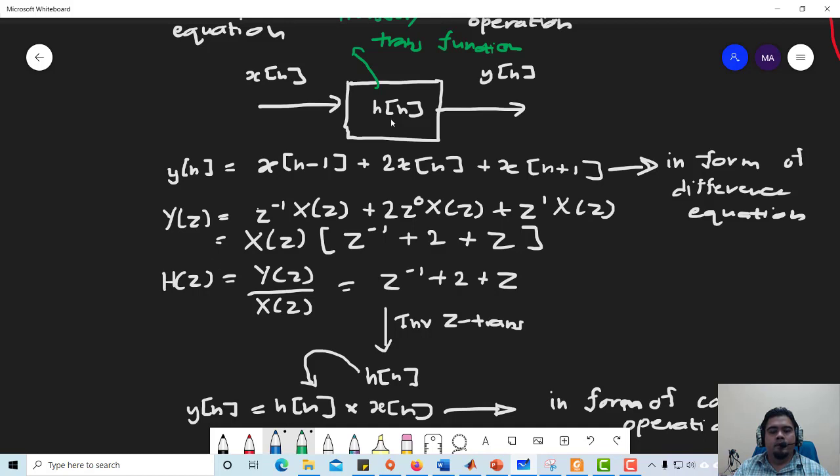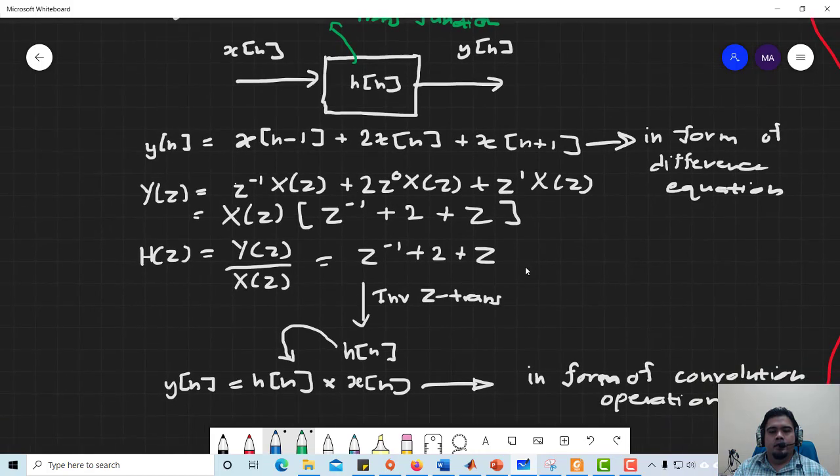So in order to obtain your H(z), which is the Z transform of h(n), you need to divide Y(z) by X(z), and from there this is what you get. Then you arrange it back, and this is my expression that represents my filter, which is my H(z).